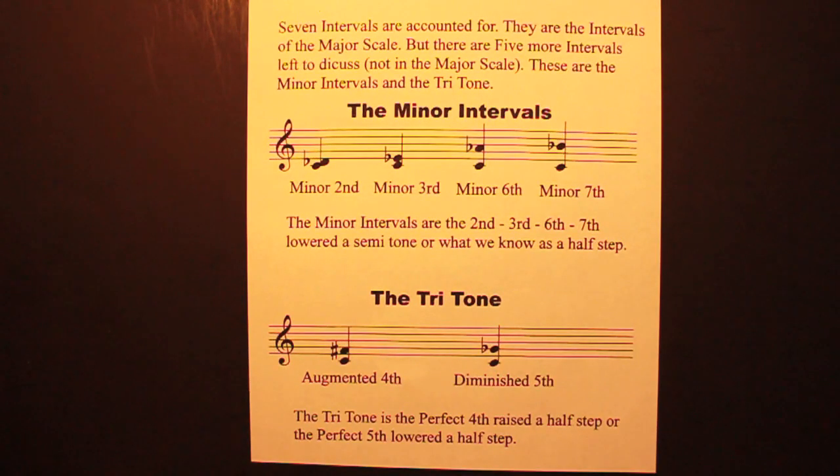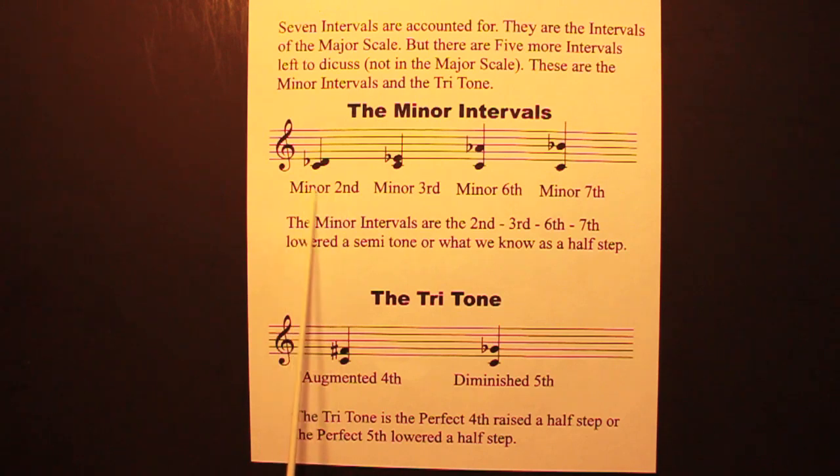They are the intervals of the major scale, but there are 5 more intervals left to discuss, not in the major scale. And these are the minor intervals and the tritone. The minor intervals are those intervals that are not in the major scale. So C to D flat, D flat's not in the major scale.